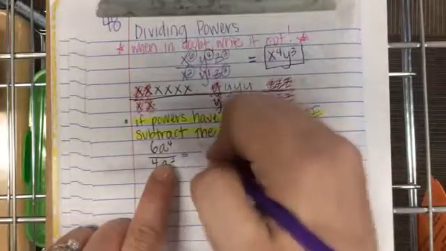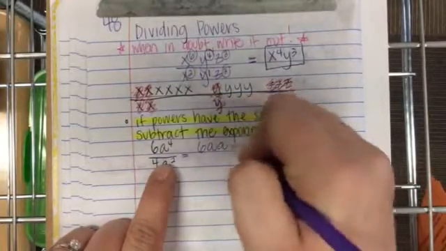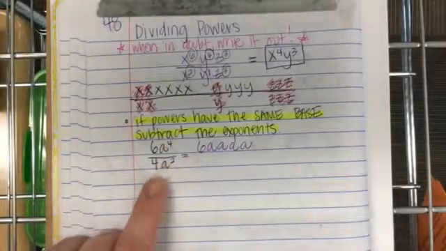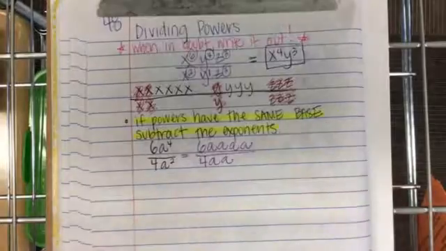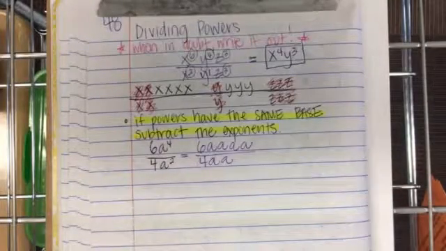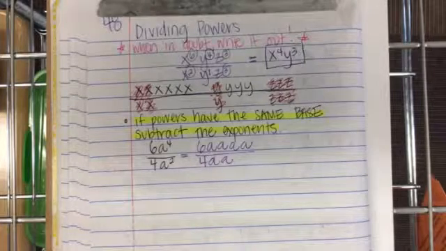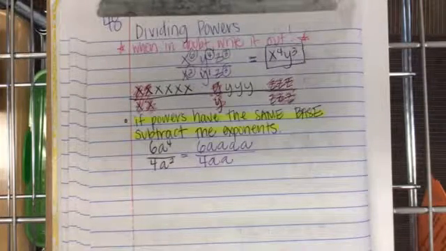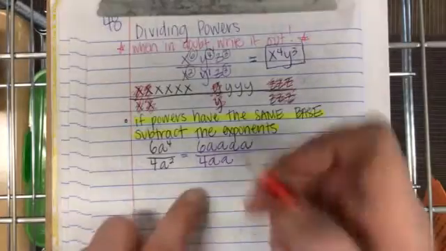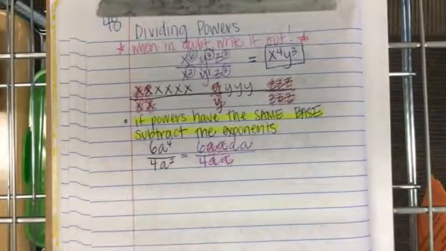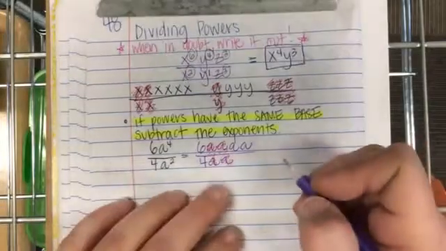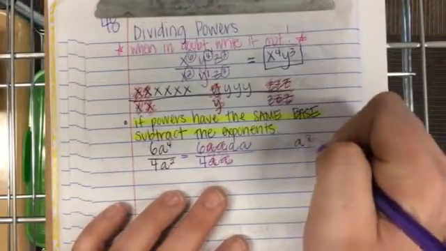So that's really 6a a a a over 4a a. Right? And I do my canceling. So a's cancel, a's cancel. So what am I left with? 6a, a to the second power. You're left with a to the second power.